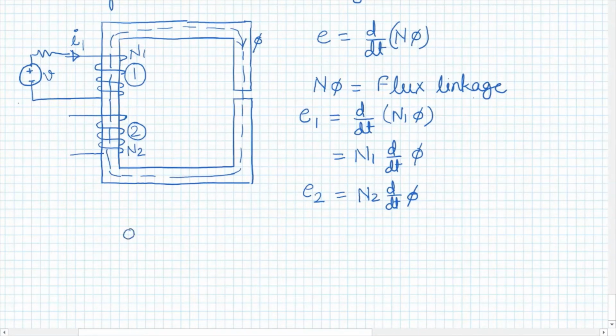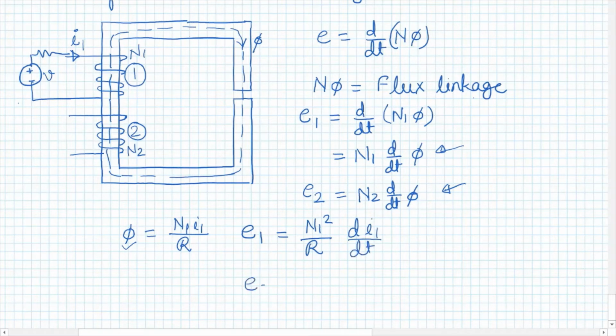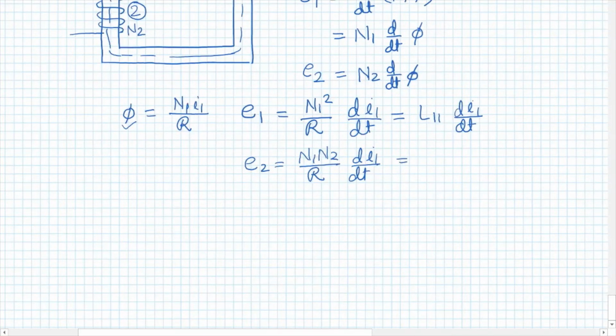Now the flux phi is given by N1 I1, that is the MMF, divided by the reluctance of the core R. If we use this value of phi in these equations, we get E1 equal to N1 squared divided by reluctance times dI1/dt, and E2 is N1 N2 divided by reluctance times dI1/dt. This can also be written as E1 equal to L11 dI1/dt, and E2 equal to L12 dI1/dt.